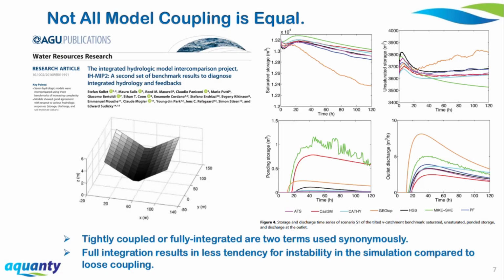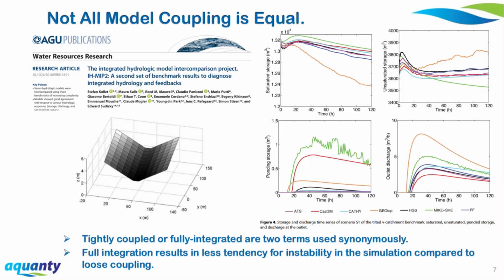The example results on the right are for a small demonstration model called the V catchment model, where rain is applied to the top surface. On the right are the hydrologic responses, showing saturated and unsaturated storage behavior in the top two panels, and ponding and surface water discharge in the bottom two panels. HGS on these plots is in black, the example of a tightly coupled model, and we have a loosely coupled model in green for comparison.